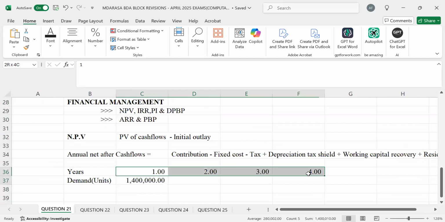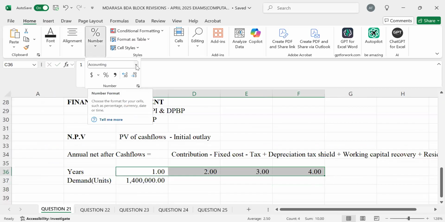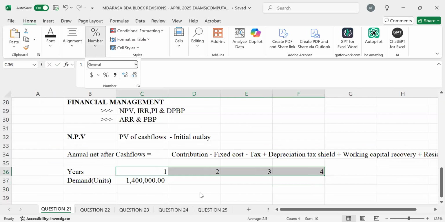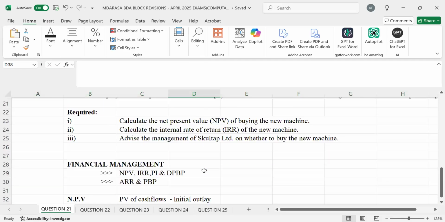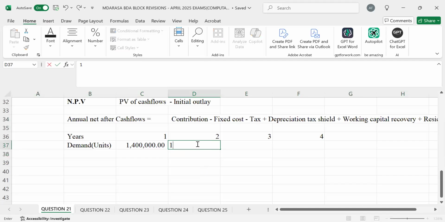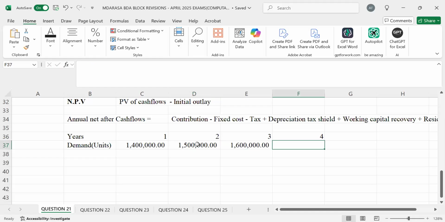We just take it the way it is. The other years are 1.5, 1.6, and 1.7. This is what you're given.